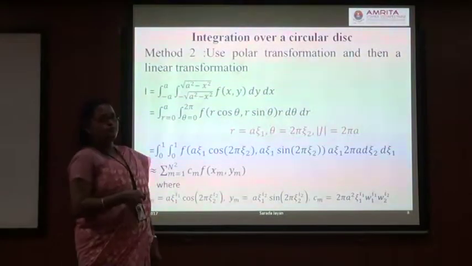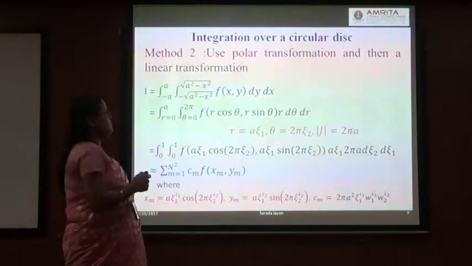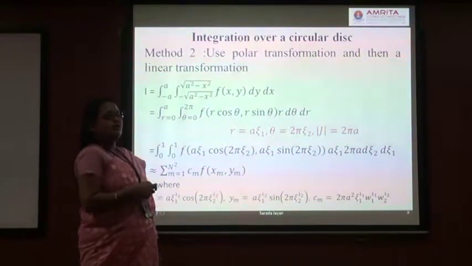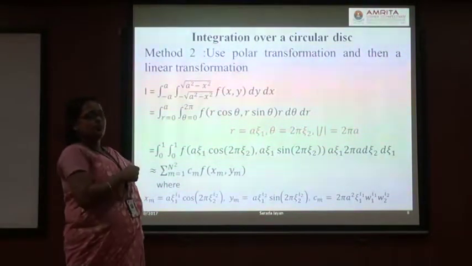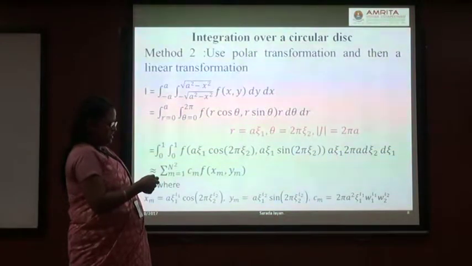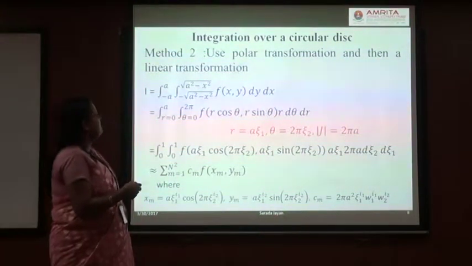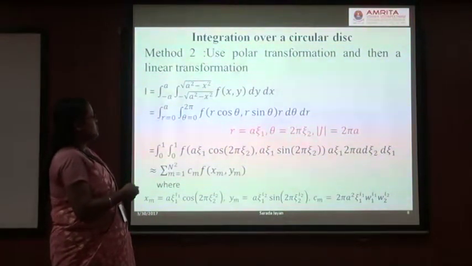In method 2, we apply a different kind of transformation. We apply initially a polar transformation, and after converting the domain to a rectangle, we apply a linear transformation.